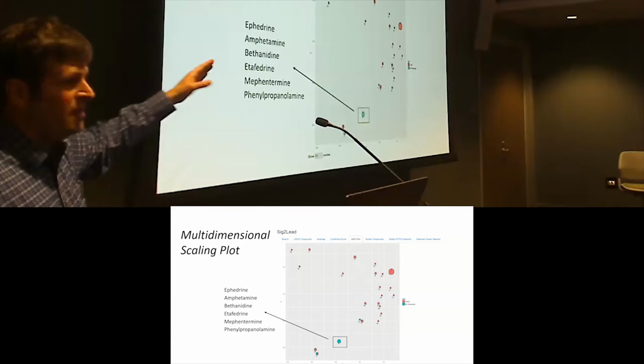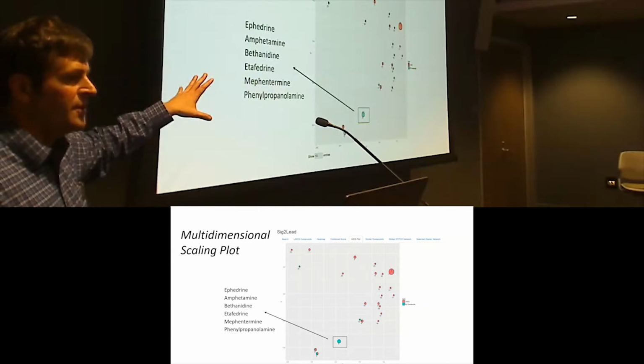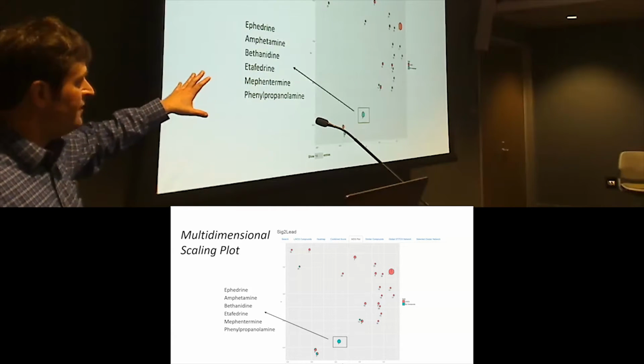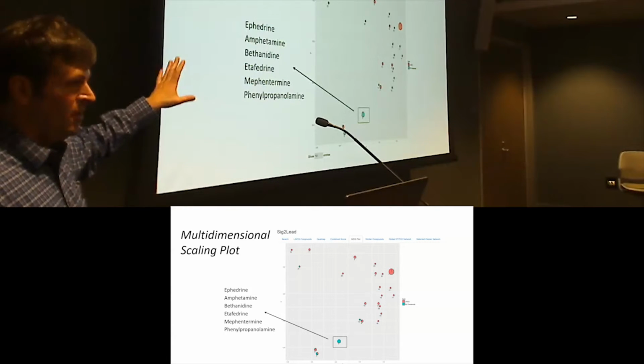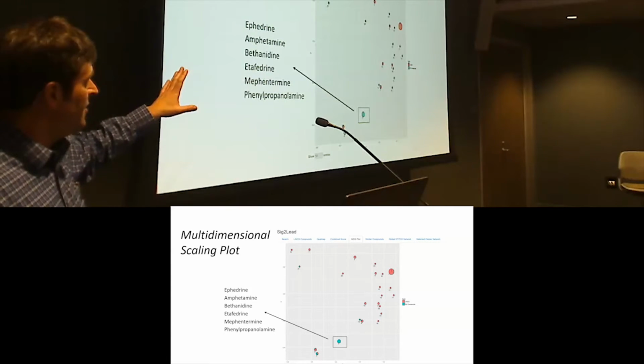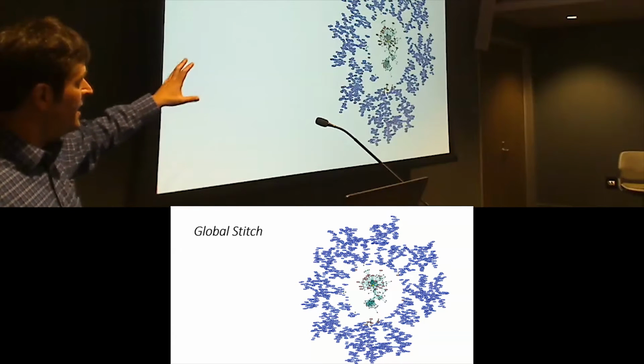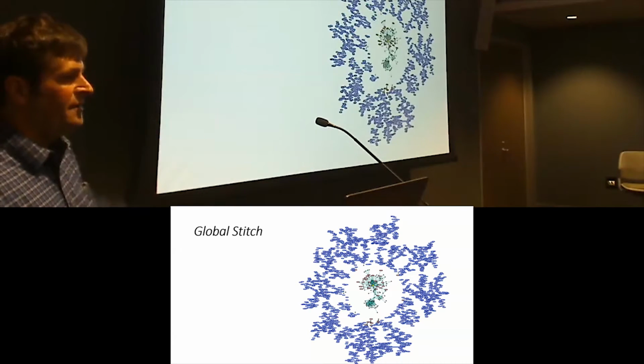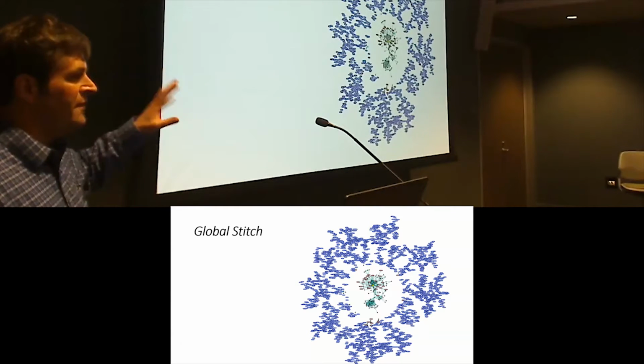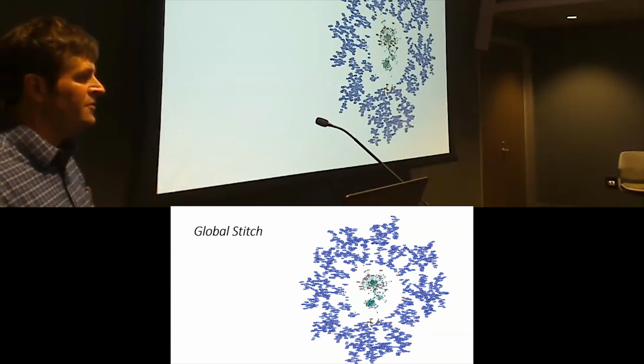You can take that cluster, put it into STITCH, and it'll give you a network. But the other thing you can do is take all the clusters, and that's what global STITCH does. It takes all the clusters from an MDS plot and plots a network together. So you get one massive network, and then you can zoom in and try to find the interactions you're interested in.